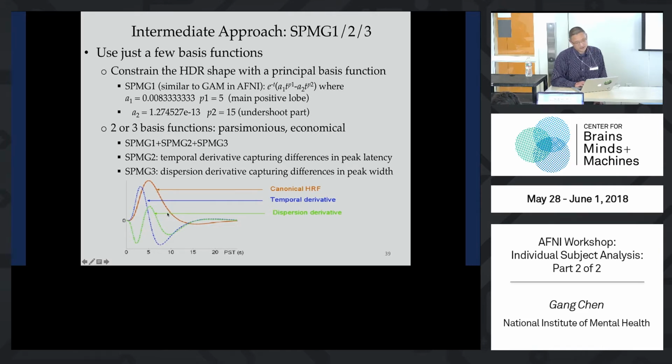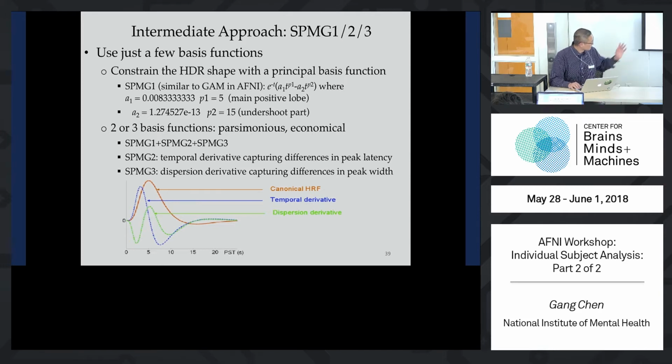Also, in the end, nobody cares about the shape difference. So even though you end up with three beta values, usually people just throw away the second and third beta values and focus on the first beta. This modern approach does give you a little bit of adaptability for the shape, but in the end they don't care about that flexibility, so they just focus on the first beta, the magnitude.